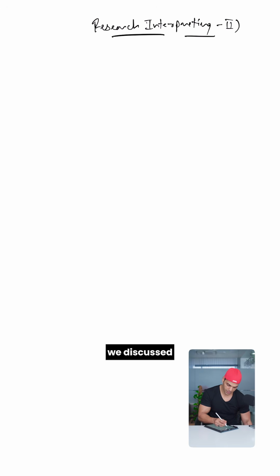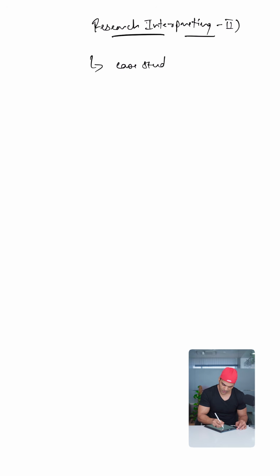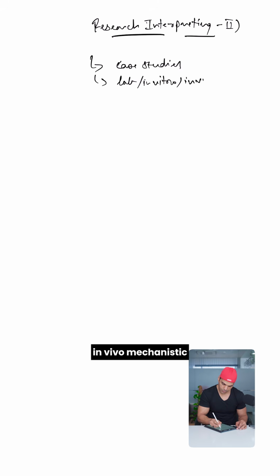In the last part, we discussed types of study. I'm just going to do a quick brush up. So we saw case studies. We saw lab studies, which is lab analysis, chem analysis, and in vitro, in vivo, mechanistic studies. Then we saw case control studies.